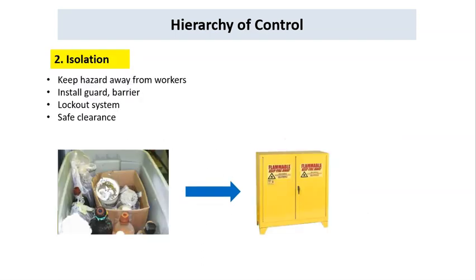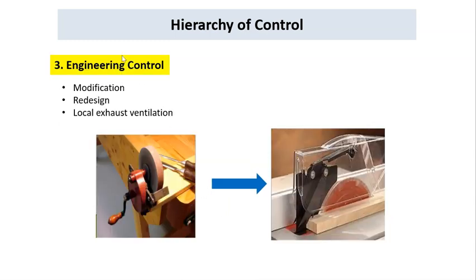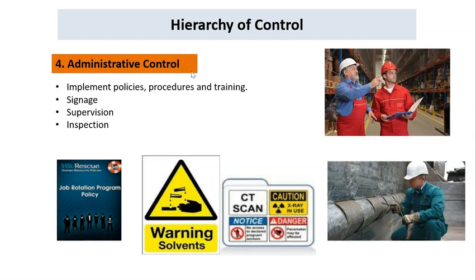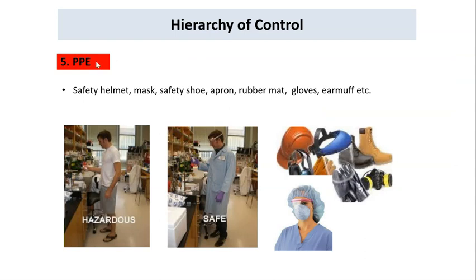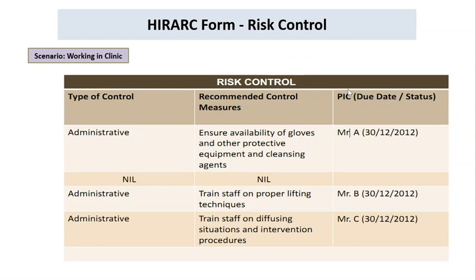You isolate the process, or you have the lockout system. And engineering control when you introduce the cover or the guard. And administrative control involved with the signage, supervision, inspection, policy, training. And the final one is PPE, in which is involved with the safety helmet, mask, safety shoes, and so on. Okay, for the individual.